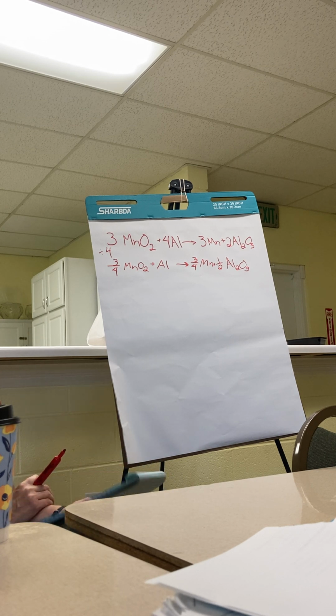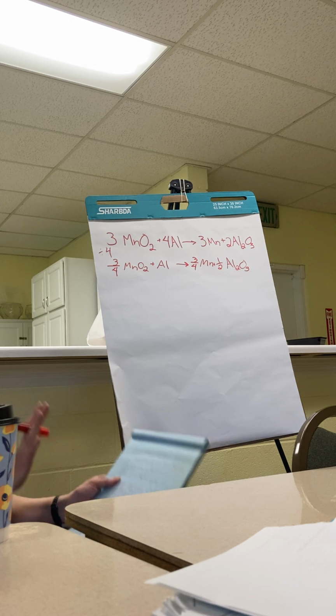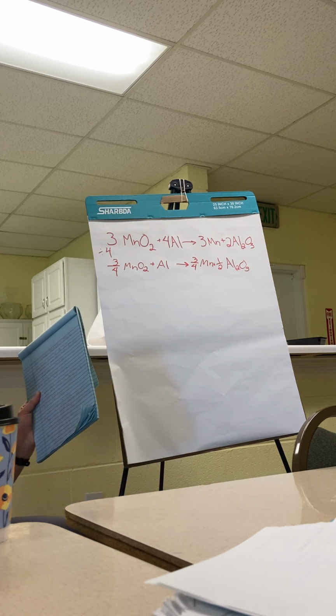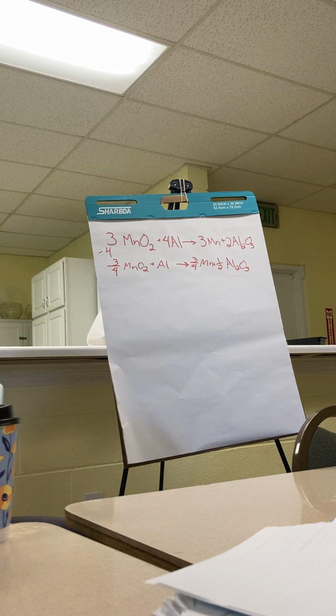So this is the law of definite proportions. The proportions of the moles of your reactants to your products stay the same. Can someone just, to make me feel like you're listening, repeat what I just said to Lucy? Just validate that I'm not talking into the air.